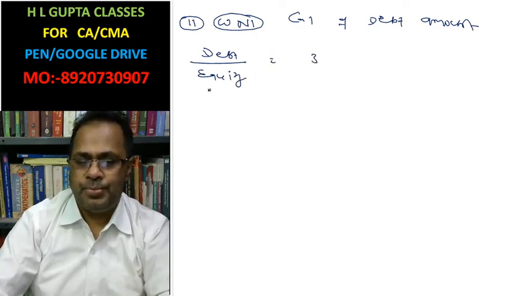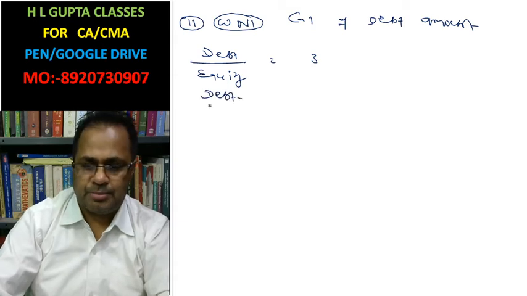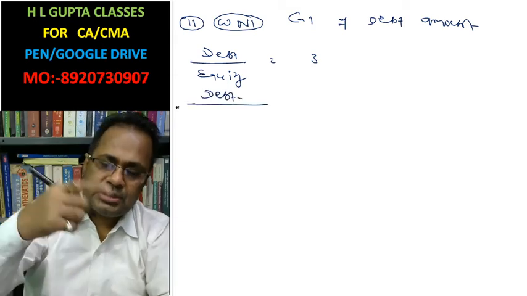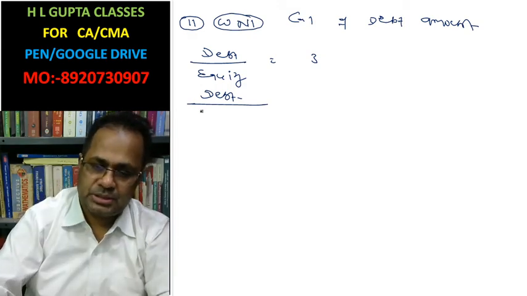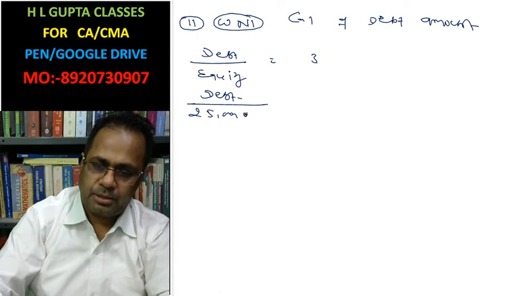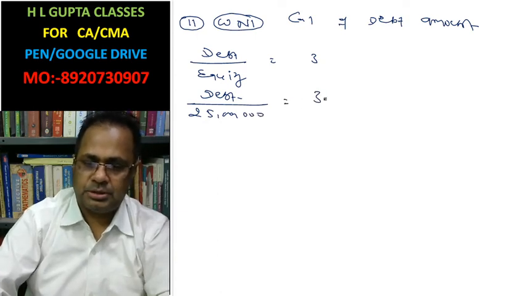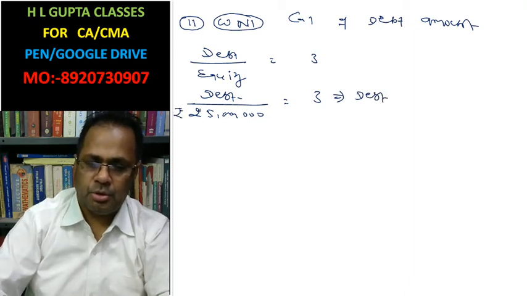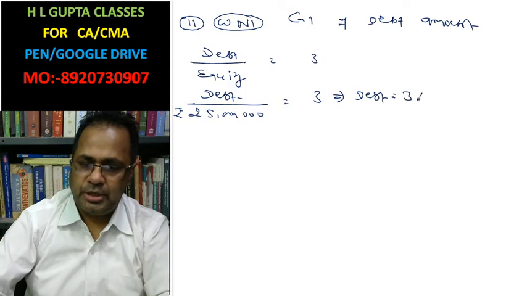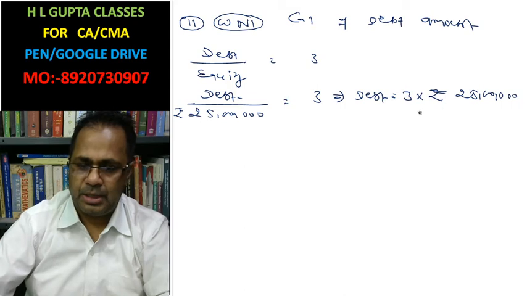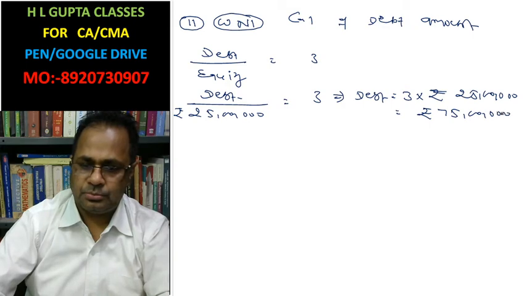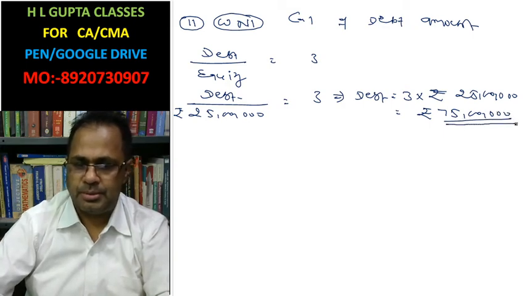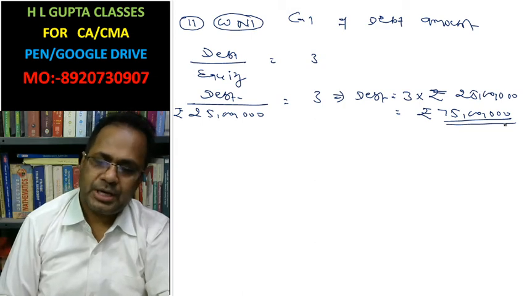Debt is calculated as debt divided by net worth, which represents your equity. This is 25 lakh. This is the theory. It implies that debt equals 3 into rupees 25 lakh. This is rupees 75 lakh. Now we can calculate interest on debt.